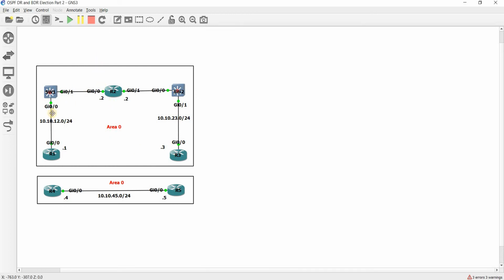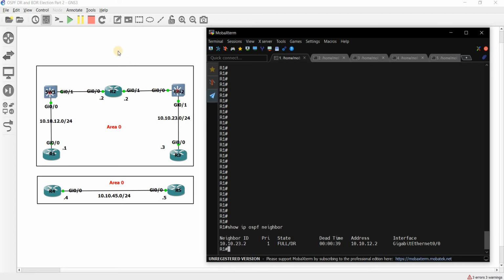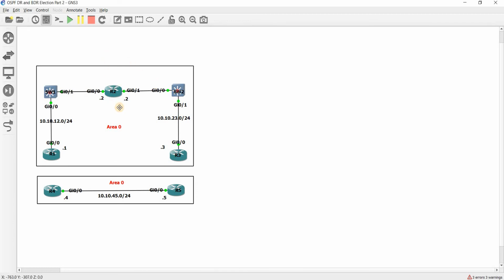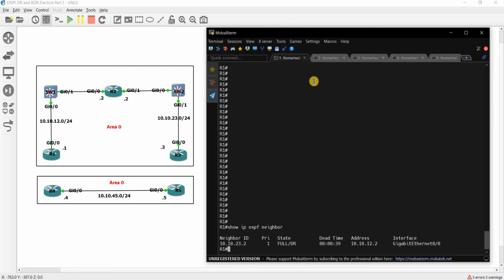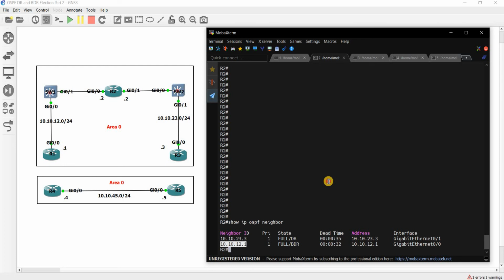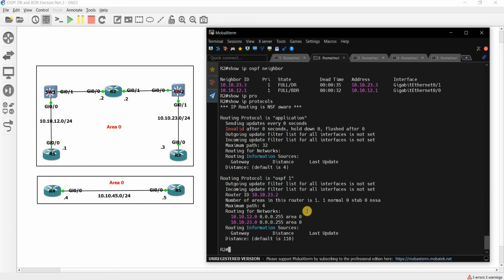So in this segment, R2 is the DR, which actually makes sense because R2 has the higher router ID. And we can verify that by doing a show ip protocols, and we will see that this is the router ID of R2.